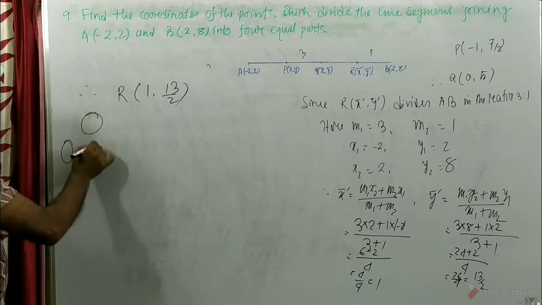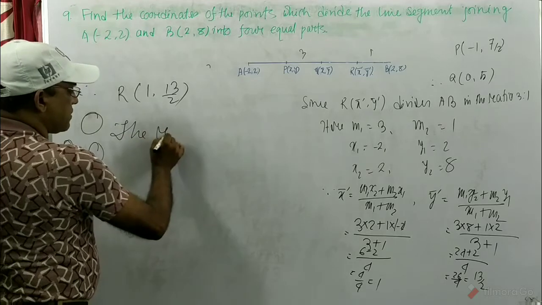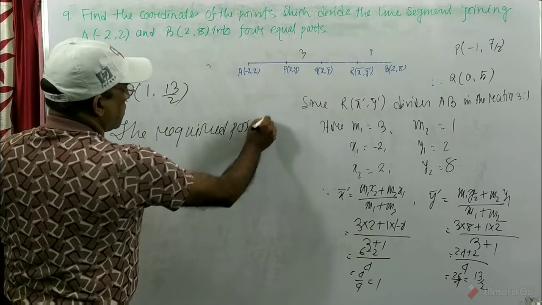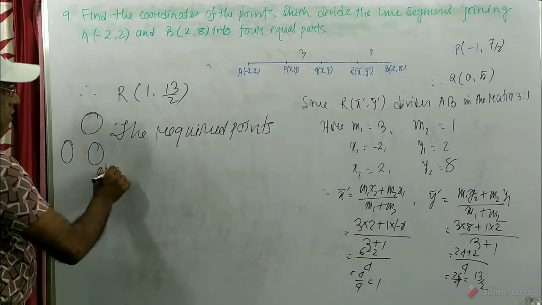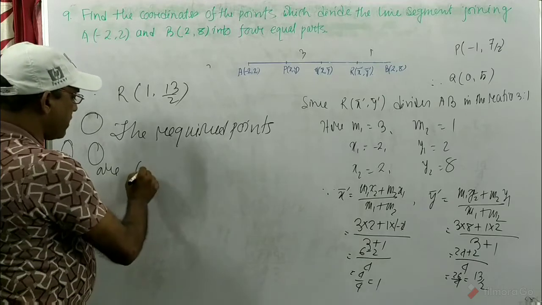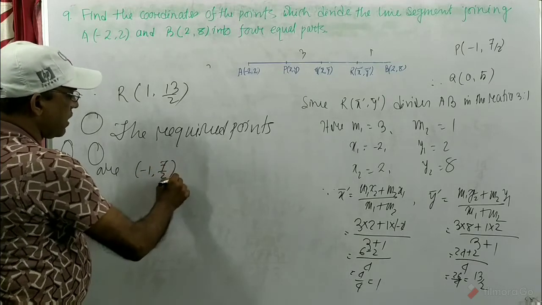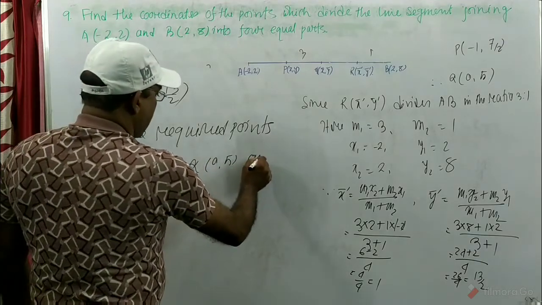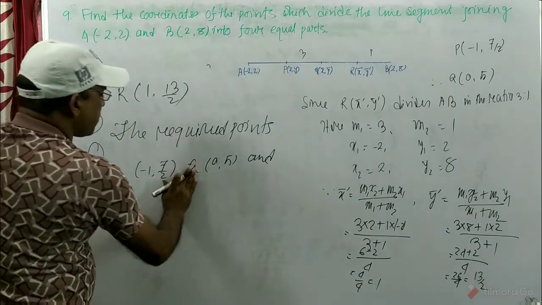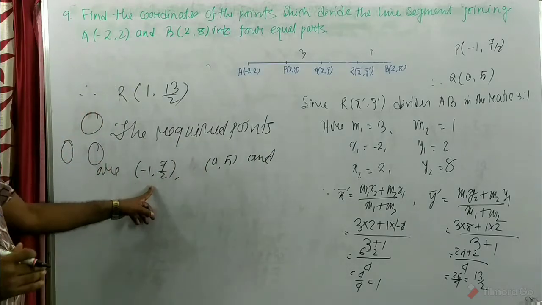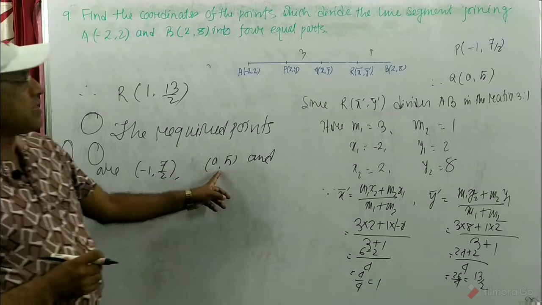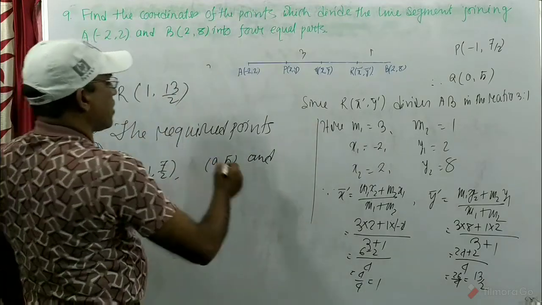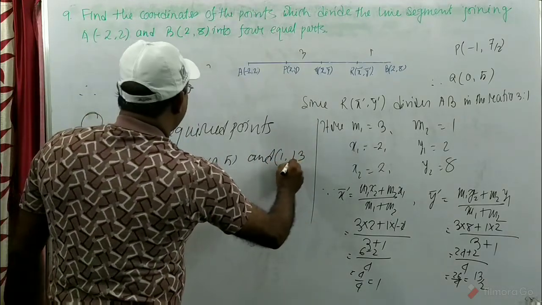Therefore the required points are: first point P is -1, 7 by 2, and Q is 0, 5, and the last one is R, which is 1, 13 by 2.